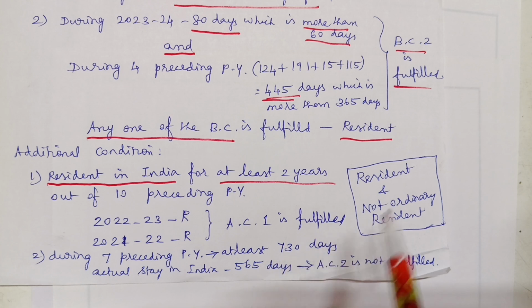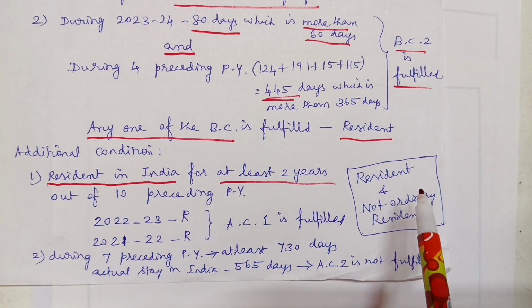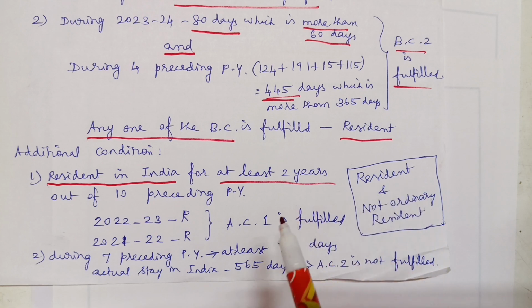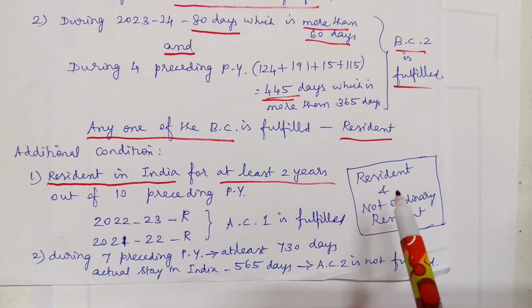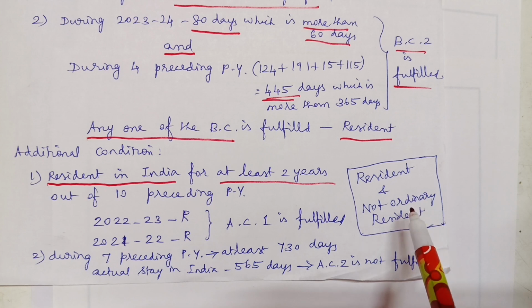As per section 6, the assessee should fulfil both additional conditions to be determined as ordinary resident. But here the assessee fulfils additional condition number 1 alone, and additional condition 2 is not fulfilled. So his residential status is resident but not ordinarily resident.